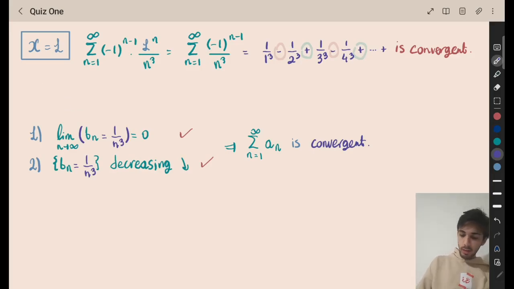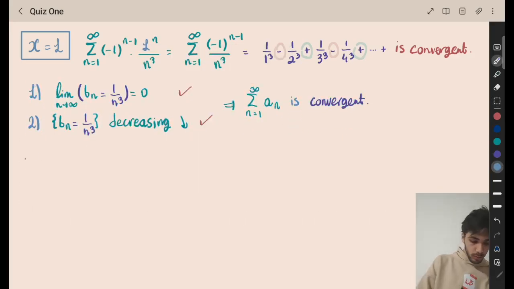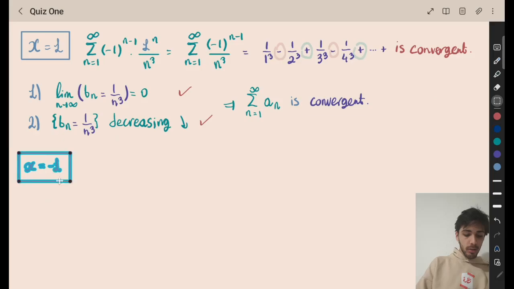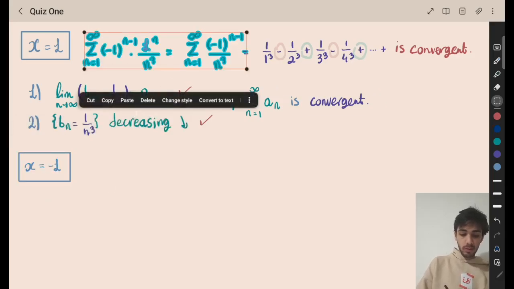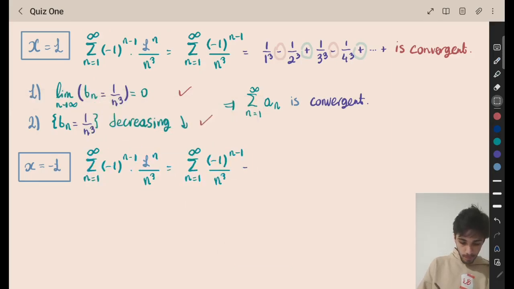Now we still need to take a look at the case of x is equal to -1, because that is the other edge case. I take the exact same series. Instead, I plug in -1, be careful with the brackets. And do you know what we will get here?